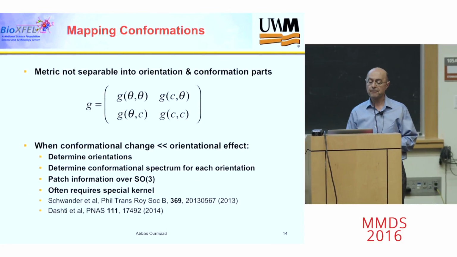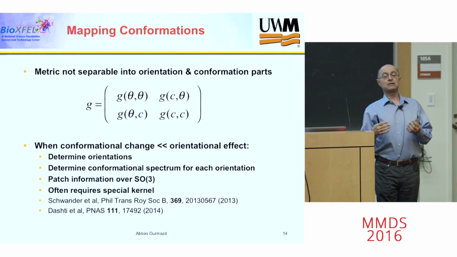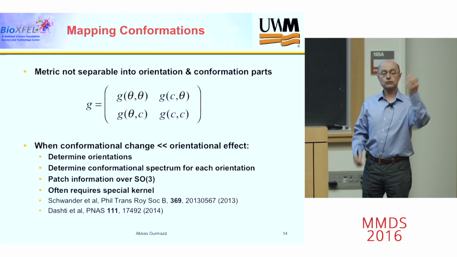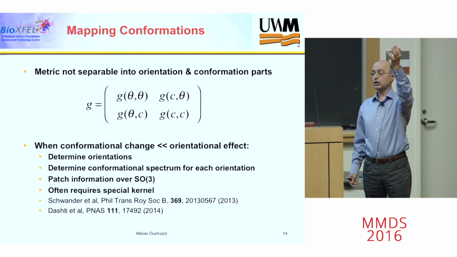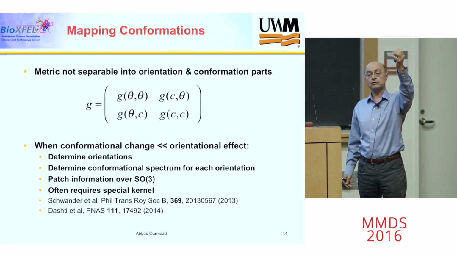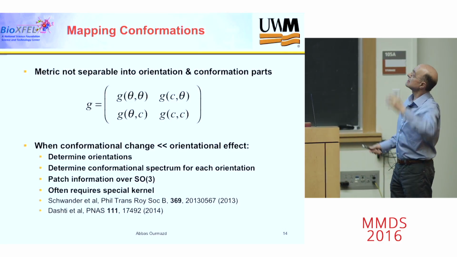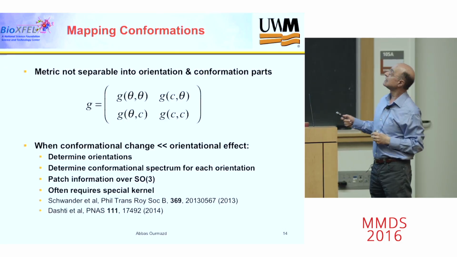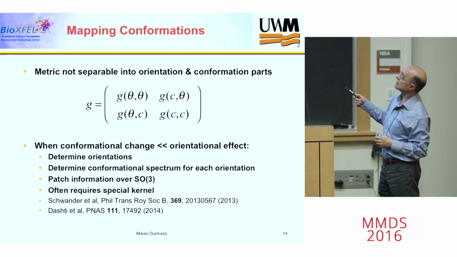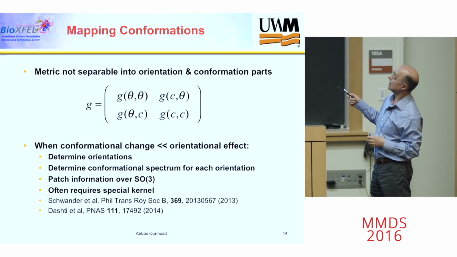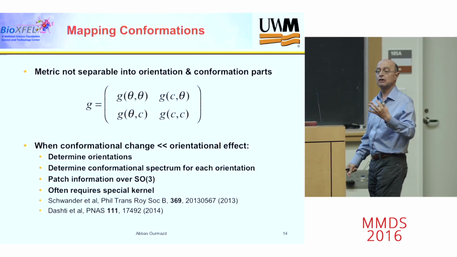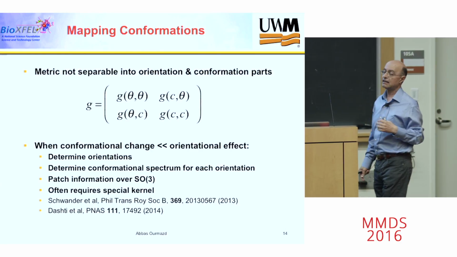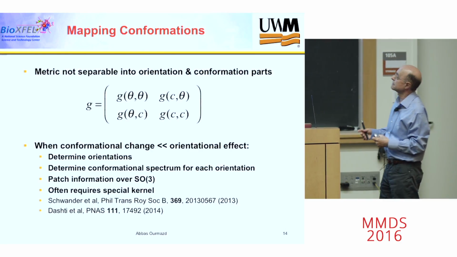Now, the difficulty about mapping, for example, conformations is that, of course, you're viewing this biological machine from a random unknown orientation at a random point in its function. And the difficulty is the metric of the manifold which you get, of course, has diagonal elements which depend only on the orientation and only on the conformation, but they also have off-diagonal elements where the two are coupled together, and it is extremely difficult to decouple this.